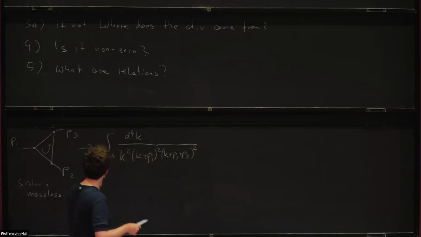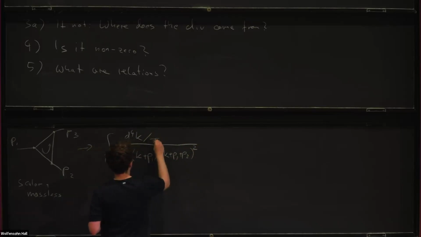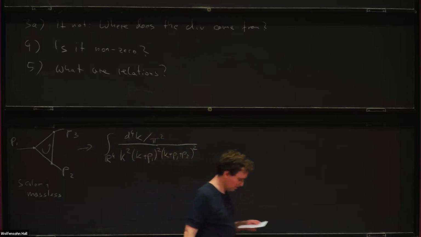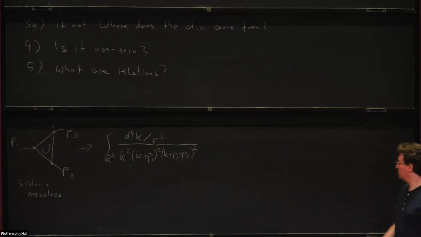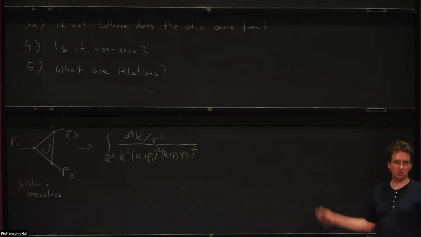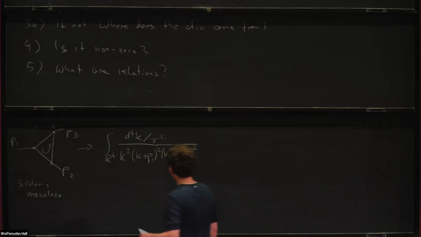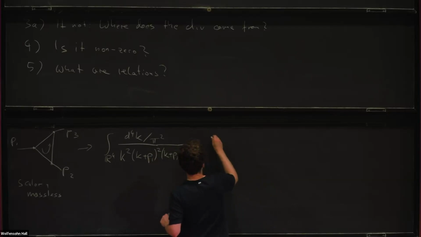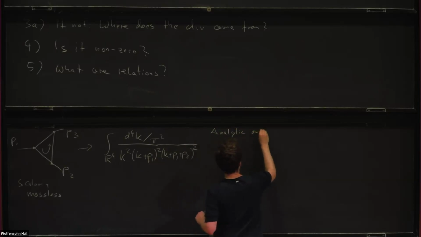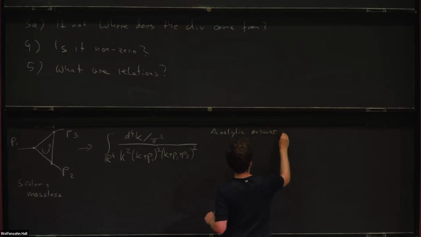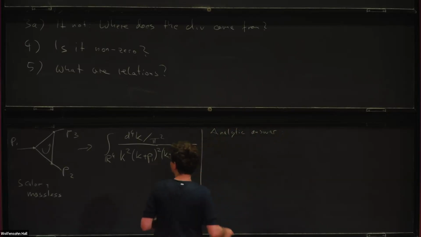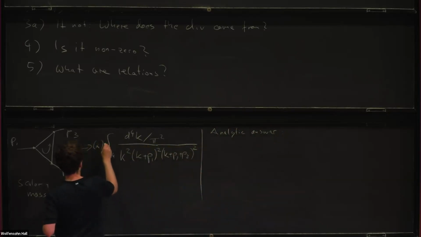And maybe we have some pi^2 normalization factor. You can check, or you can also just believe me, that this is a perfectly finite integral, which we can just compute. But there's also an analytic answer for this integral, or closed form answer, which looks as follows. Let's say this is like star.